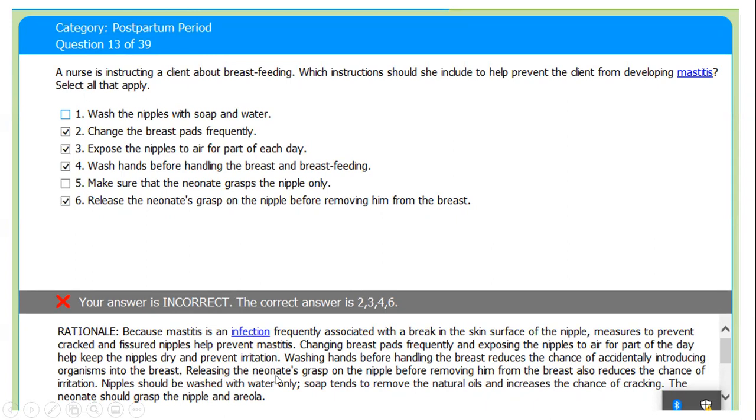Releasing the neonate's grasp on the nipple before moving him from the breast also reduces the chance of irritation. Nipples should be washed with water only. Soap tends to remove the natural oil and increase the chance of cracking. The neonate should grasp the nipple and areola.